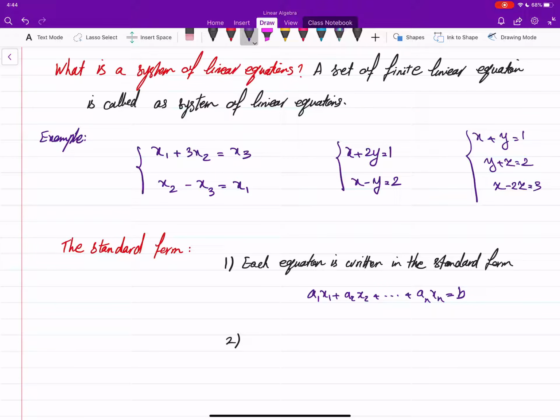But we also want another arrangement: variables in different equations are aligned.